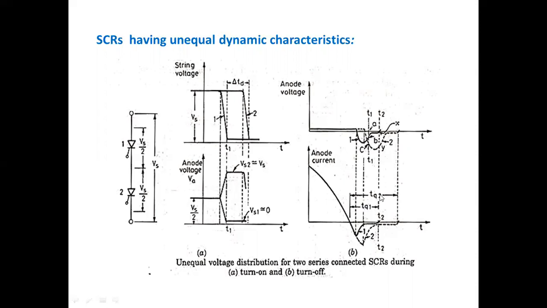Turn on time is also somewhat different, but turn off time is very much different. That is called unequal voltage distribution during the turn off process.